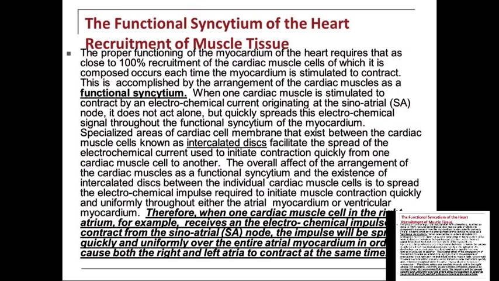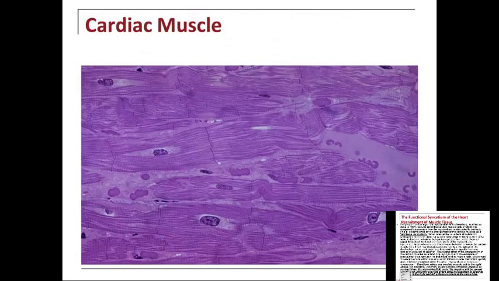But let me just draw something here for you. It may help you understand it a little bit. So, here's the heart, and let me change the color here to red. Now let's say right up here is the pacemaker, and that's called the SA node.